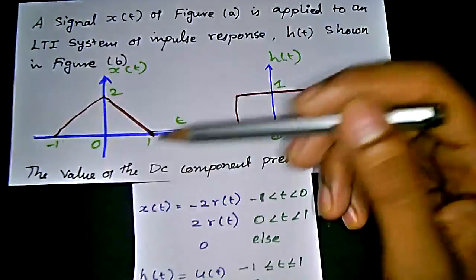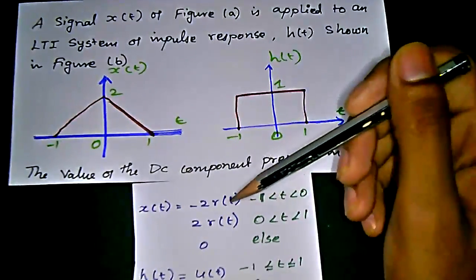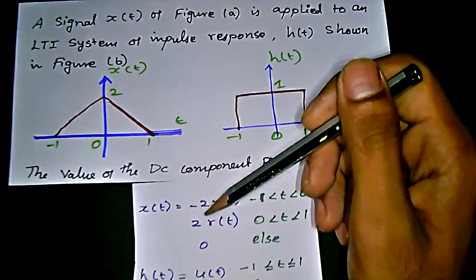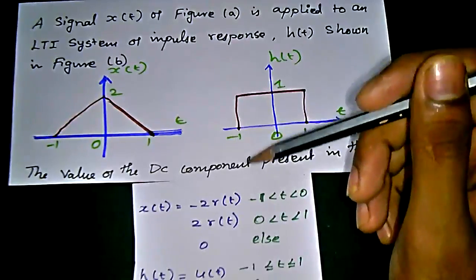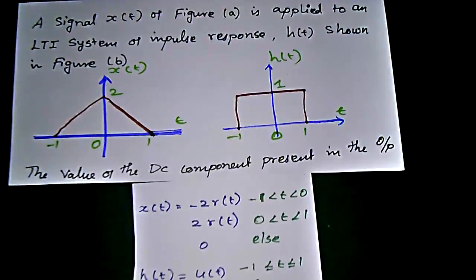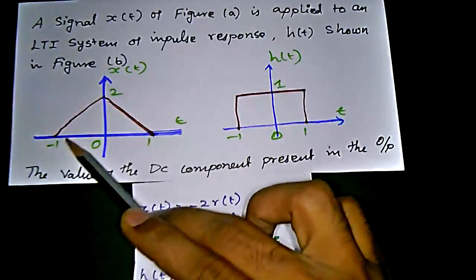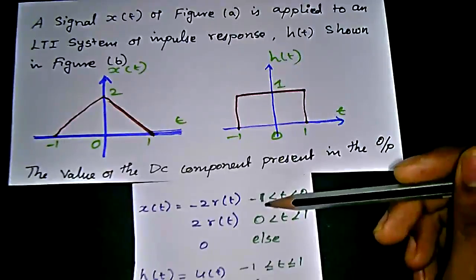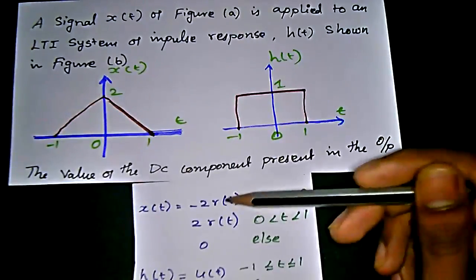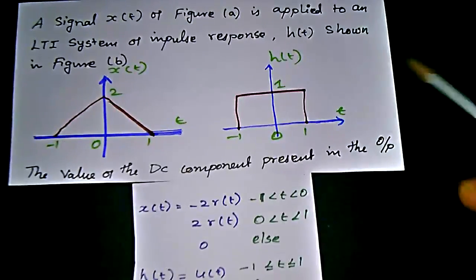In a ramp signal we can substitute the slope of the ramp times r of t. r of t can also be written using the step signal, which we will see later. So x of t equals minus 2 r of t, over the range minus 1 to 0.